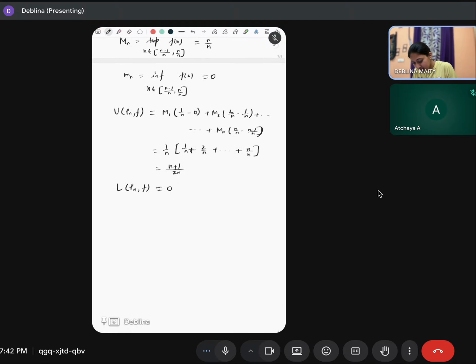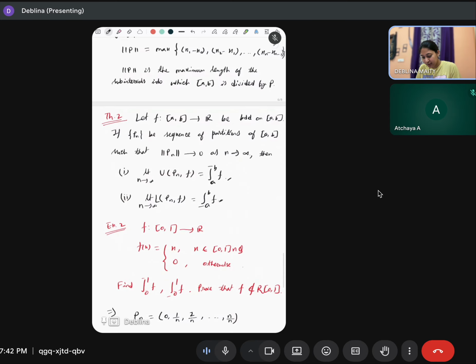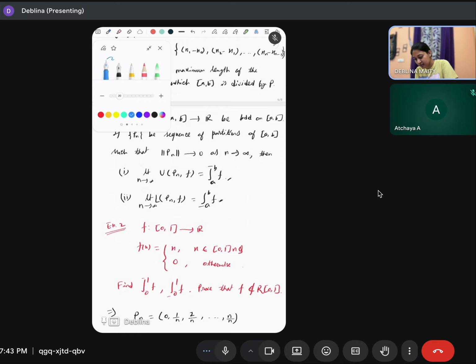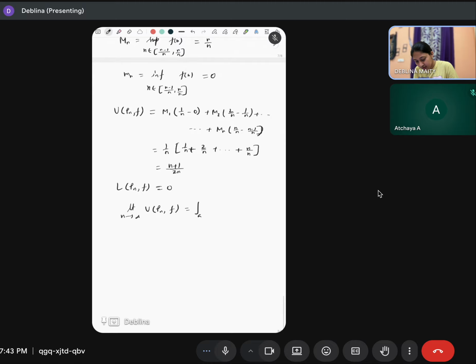Now we will let n tend to infinity, right? So the limit as n tends to infinity of U(Pn, f) is, by our theorem, the upper integral of f from 0 to 1, which is half, right?